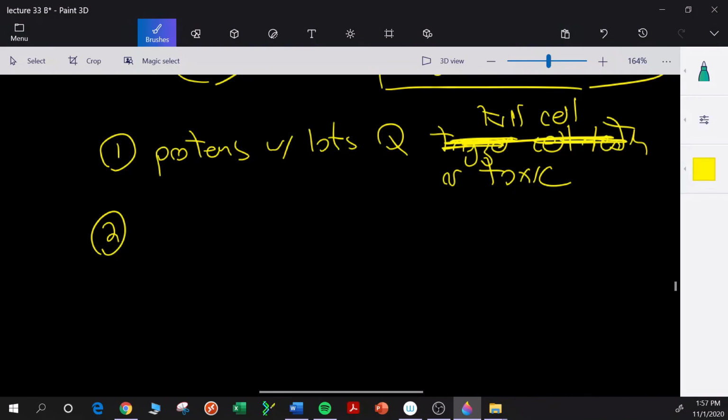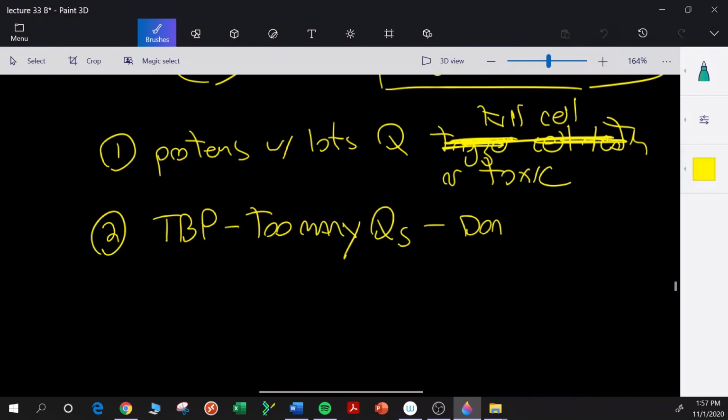That's one hypothesis. But there is some evidence to suggest that TATA binding proteins with too many glutamines don't function properly in transcription like they're supposed to.